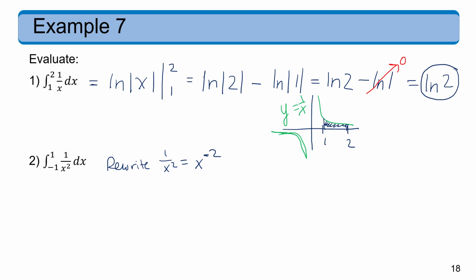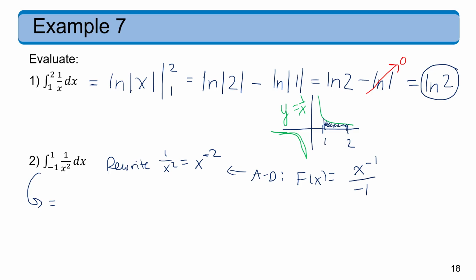Now, since it's written as a power function, we can find an antiderivative. So an antiderivative would be capital F of x equals, you increase the power by 1, so the power goes to -1, and then divide by the new power.